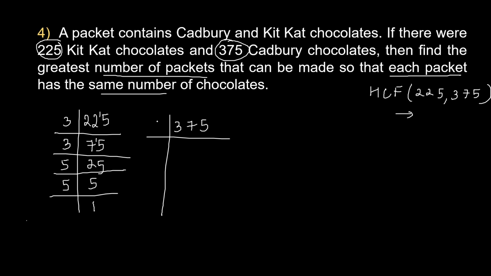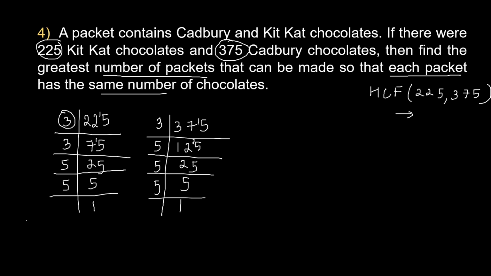So here 3 1s are 3, 3 2s are 6, carry 1, 3 5s are 15. Now this number is not divisible by 3, so we take 5. 5 2s are 10, 5 5s are 25, 5 5s are 25, 5 1s are 5. So now we mark the common factors.